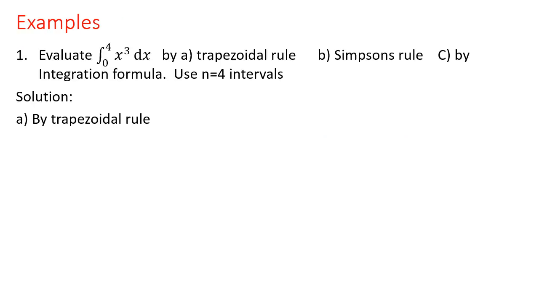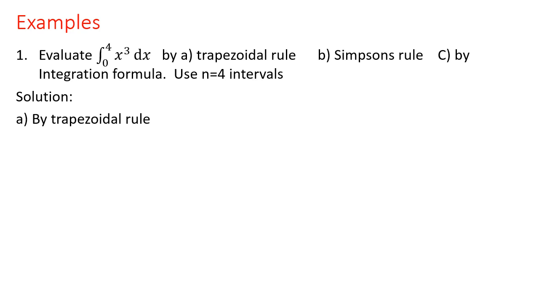To evaluate the integral from 0 to 4 of x cubed dx using the trapezoidal rule, Simpson's rule, and of course the integration formula. So you have the solution here.